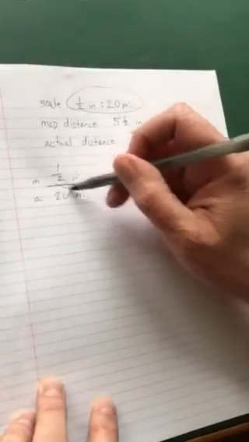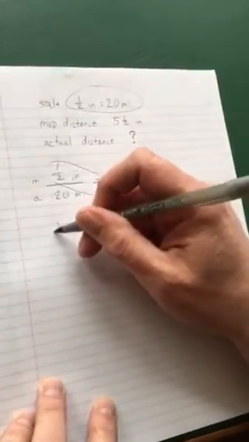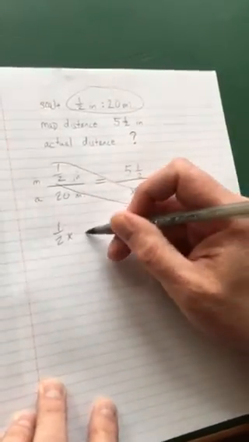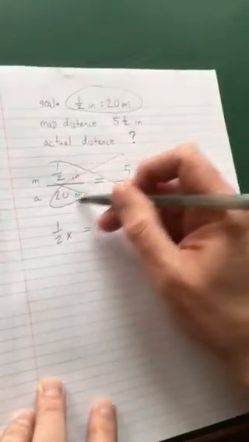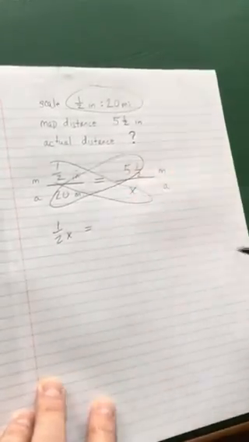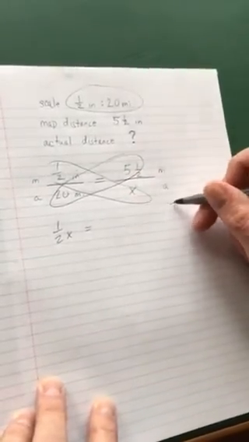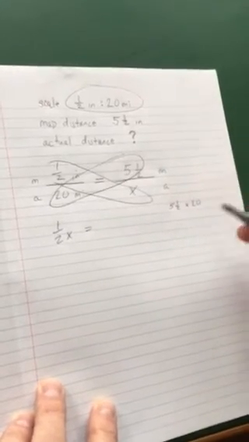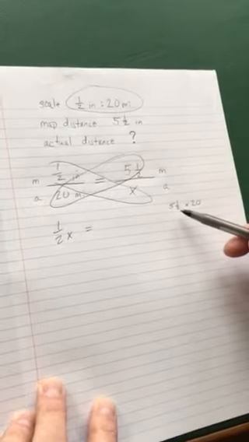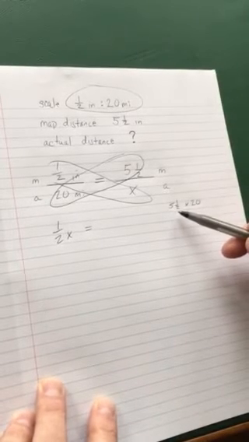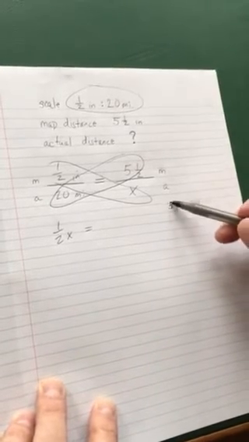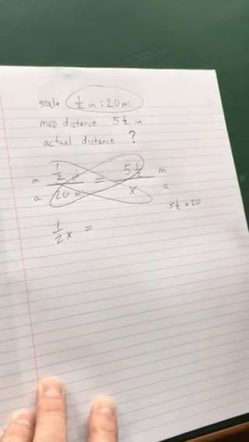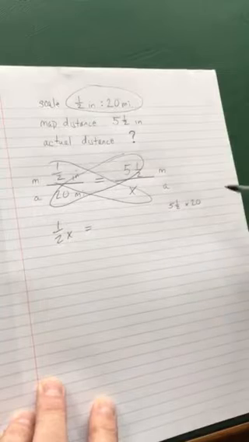So we're going to do 1/2 times x, which is 1/2 x, and that equals 5.5 times 20. Let's do that over here. Now, if you wanted to, you could turn this into a decimal. You could use your distributive property: 5 times 20 is 100, and half of 20 is 10, and 100 plus 10 is 110.